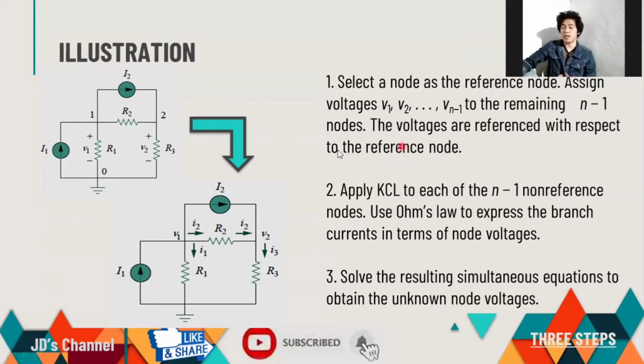Okay, so that is our concept or theory. As you can see here, nagkaroon na ng flow ng current class because yan yung magiging pattern natin para malaman natin yung gagawing equation, and then pag nakabuo na tayo ng equation, we will convert it to node voltages. So mamaya makikita naman natin sa ating problem.